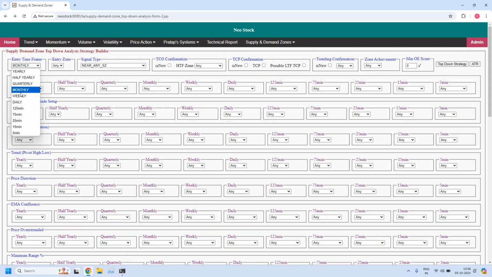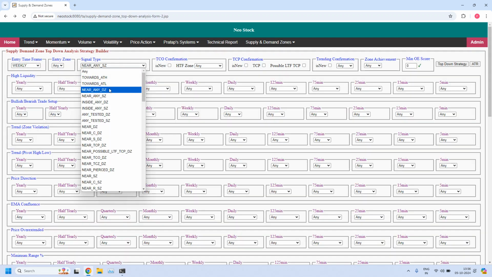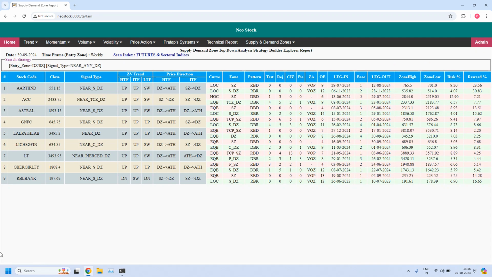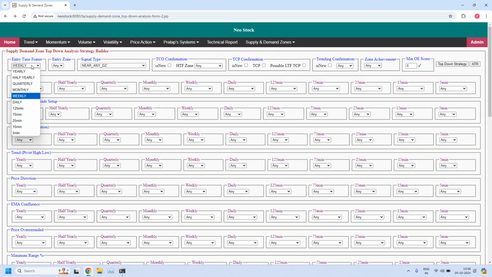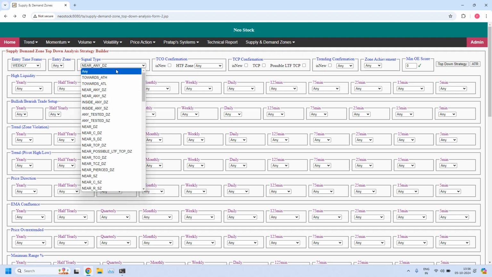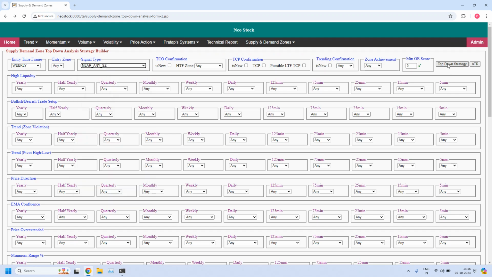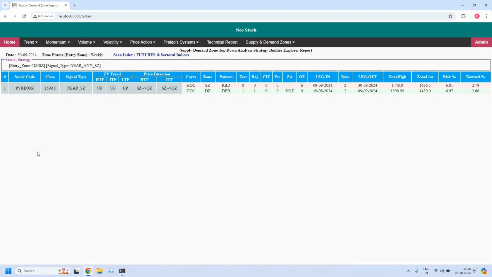Next time frame is weekly. Let us find the stocks near the weekly demand zone. 9 stocks are filtered near the weekly demand zone. Next, for the weekly time frame, let us find the stocks near the weekly supply zone. 1 stock is filtered near the weekly supply zone.